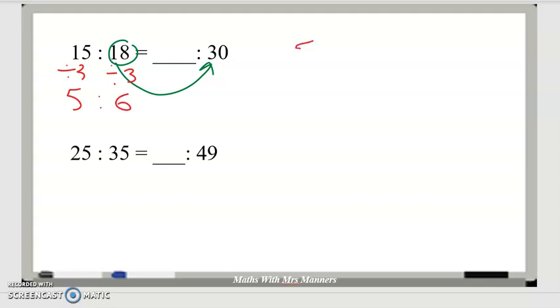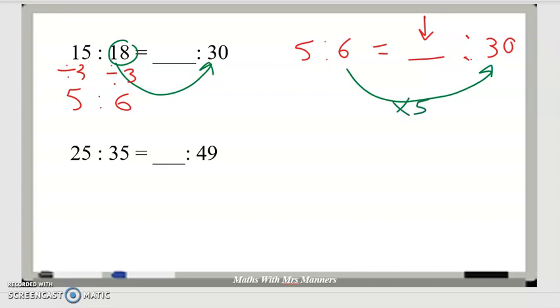Now I'm trying to work out a missing number with the ratio 5 to 6 and some unknown number to 30. I'm going to do what I did before, which is link the numbers that I know. To go from 6 to 30, I can times by 5. We're going to do exactly the same thing here: multiply by 5, and 5 fives gives me 25.